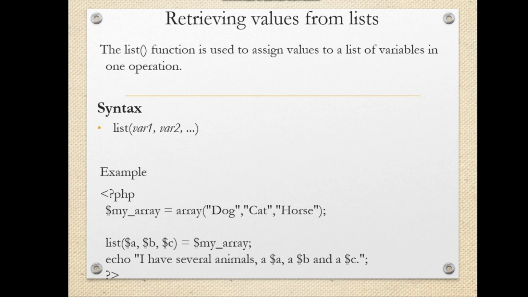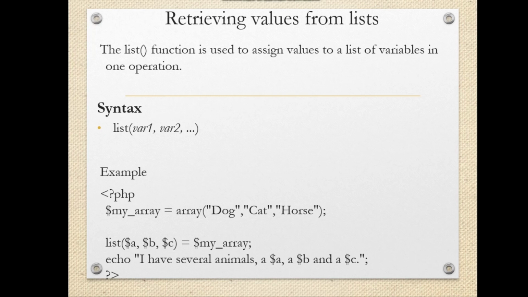Opening tag of PHP. I have taken one variable, that is $my_array equal to array. In this we have taken three values, dog, cat and horse. We have just declared array with the keyword array, and under that array we have taken three values, dog, cat and horse. As we are studying retrieving value from the list by using list function, so next line we have taken list.